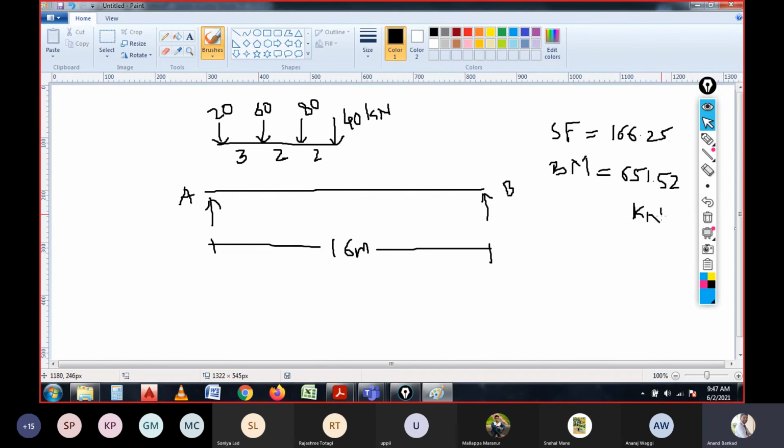The unit of shear force is kilonewton. Do you people solve this?